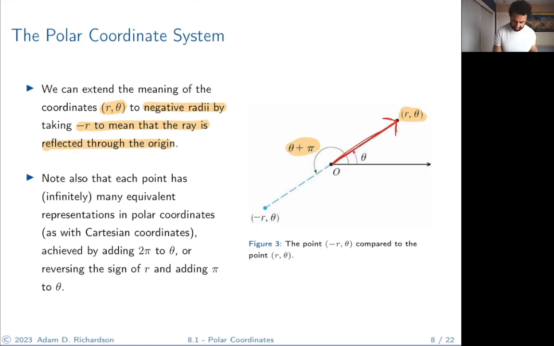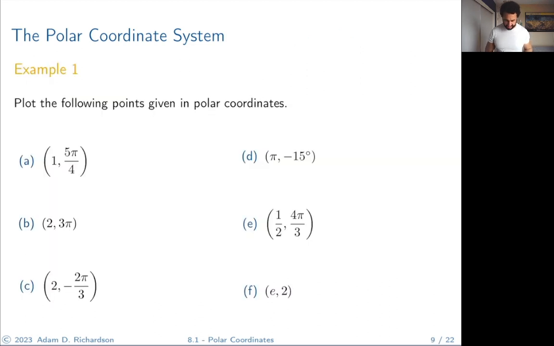So what this really means is that the point r comma theta is equal to the point negative r comma theta plus pi. Sorry, there should be a plus in there. That's right, because if I reflect the radius and then add pi, yes, that's the idea. Okay, so let's do some examples.